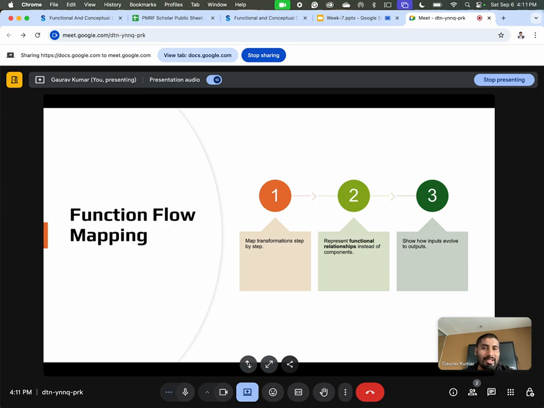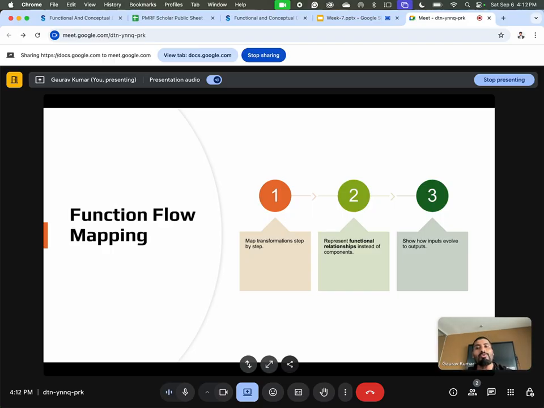For example, in a fan, electrical energy becomes rotational mechanical energy, which is then used to move air. Whether the fan uses an AC motor, or a DC motor, or even a manual crank is secondary. So the flow map captures the essential functions first.